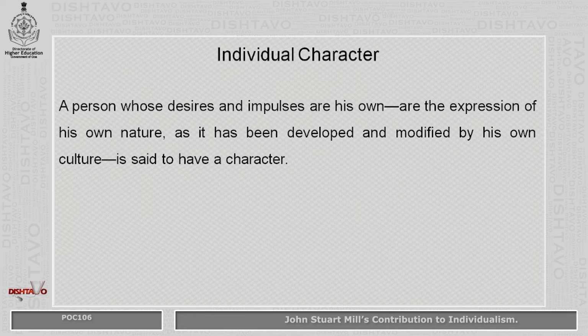A person who is able to decide what should be his or her desire, how one should behave, then the expression that person gives is their own, because it has been developed and modified, curated by that person, by his own individual culture, which is distinct to him. That character is the real character, and that should be cultivated by that person. That is the individual character according to J.S. Mill.